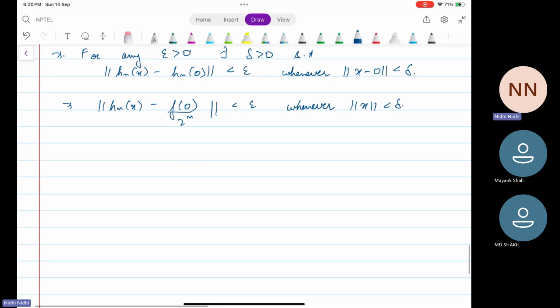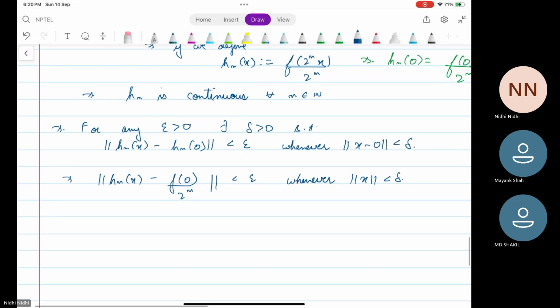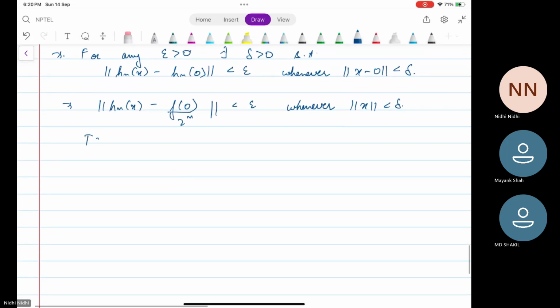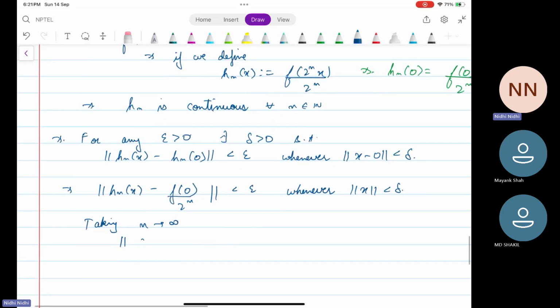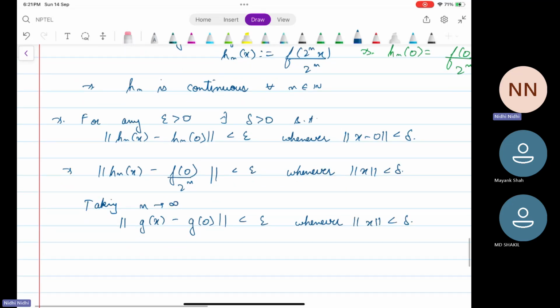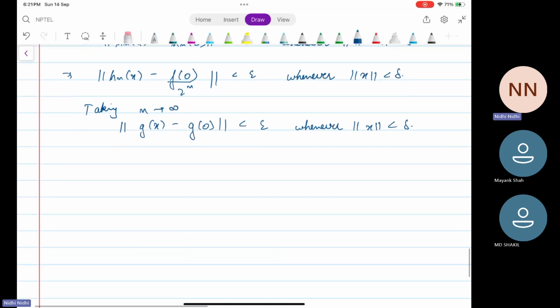Now taking n tending to infinity, h_n(x) is nothing but the definition of g(x). So this will be g(x) minus g(0) less than epsilon whenever norm x is less than delta. Now this gives us that function g is continuous at 0.